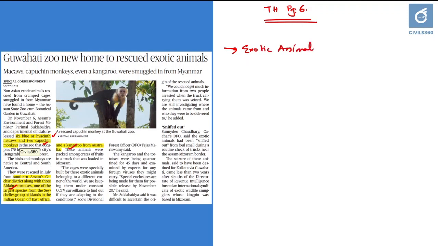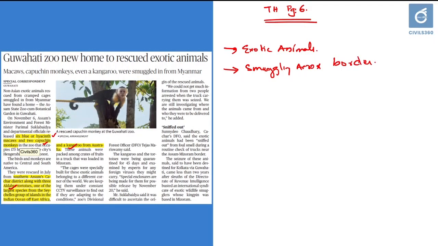In past year examinations, UPSC in prelims has asked about the locations where we can see such animals. Just go through this, and for mains, if there is a perspective, it will be about animal smuggling, or smuggling of exotic animals across borders.